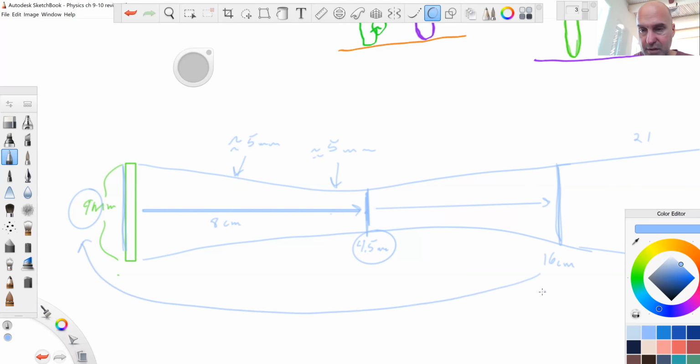So the resolution is 9. Let's just say lateral resolution is 9. So we need something that is more than 9. Our best answer is 14.